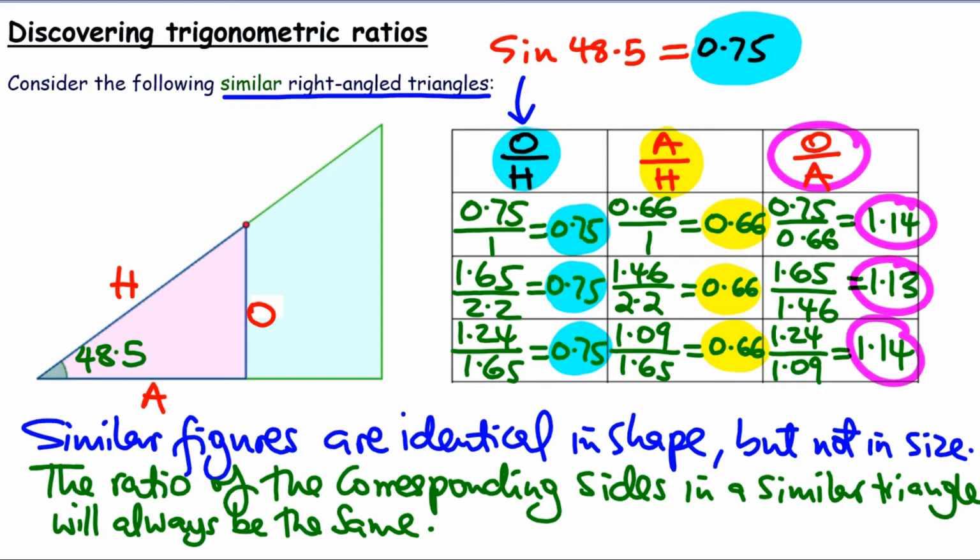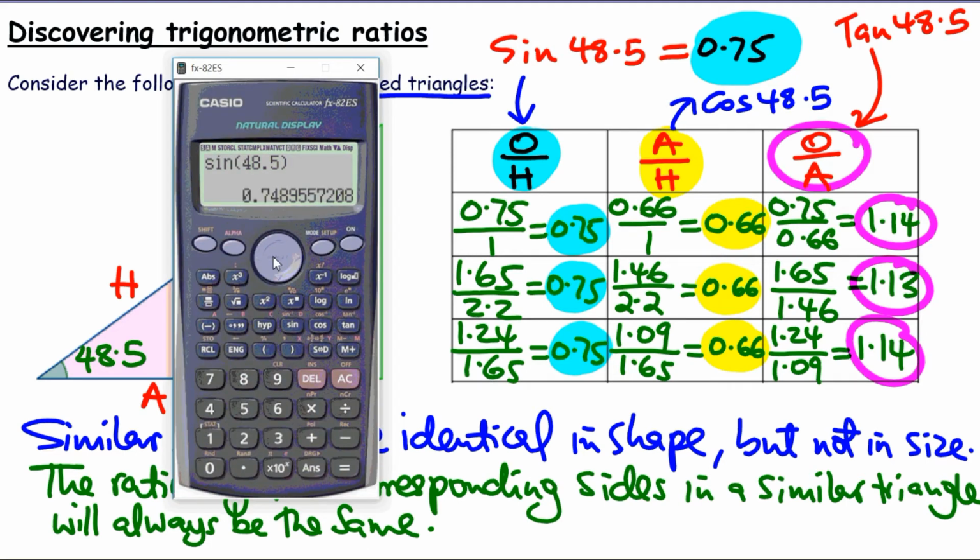So this one here is cosine of 48.5, and this one here is tangent of 48.5. So these are names that are given to these trigonometric ratios. Okay, for example, if you plug in cosine of 48.5, you should be able to get the same answer, which is 0.66.